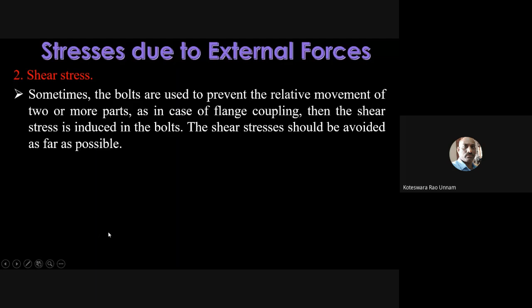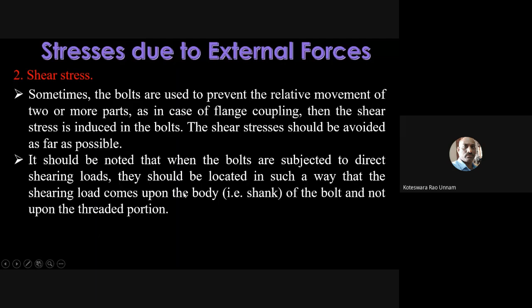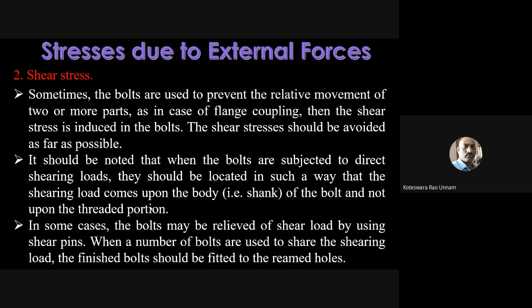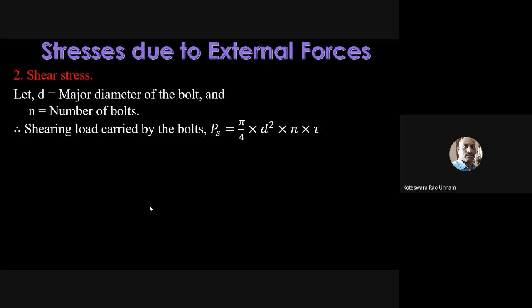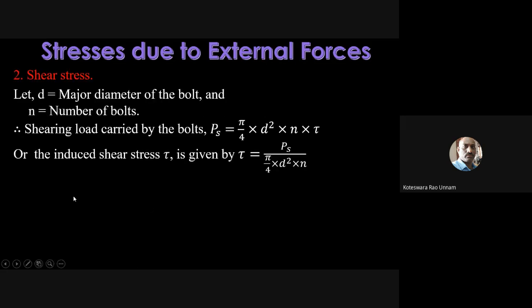Then the shear stress. This we also already discussed in the previous class, but the only difference between calculating the shear stress and the tensile stress is the area we are considering for the calculation of stress. If you understand that, then it is going to be straightforward calculations only. So here these are the formulas.